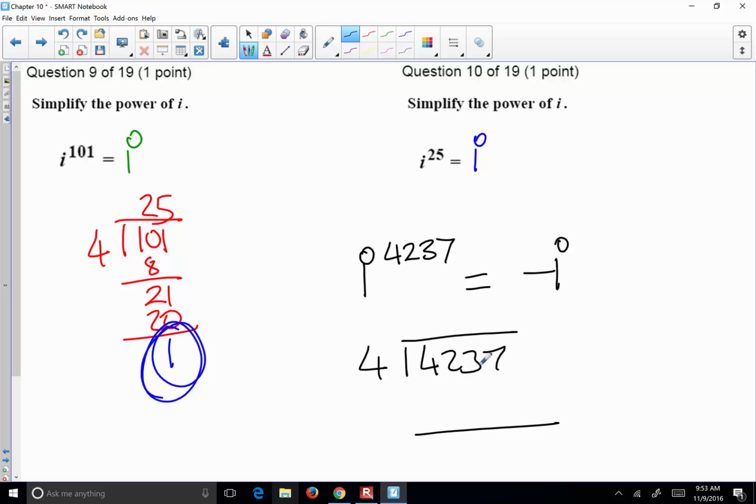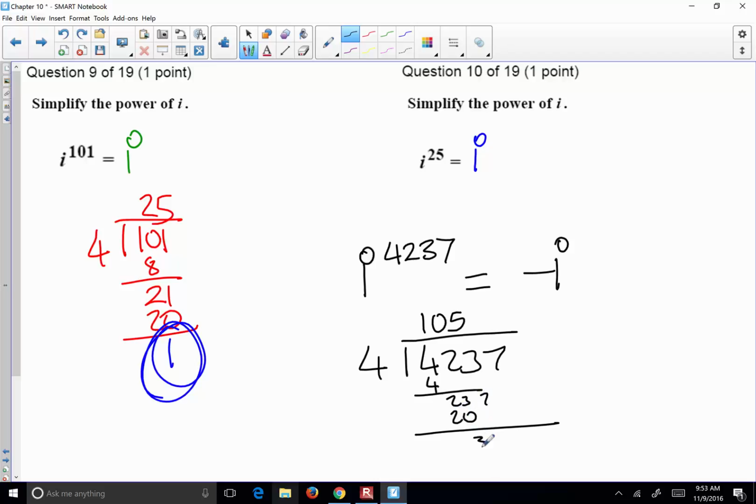What is the remainder you have left when you divide this by 4? Four goes into 4 once. 4 goes into this 5.